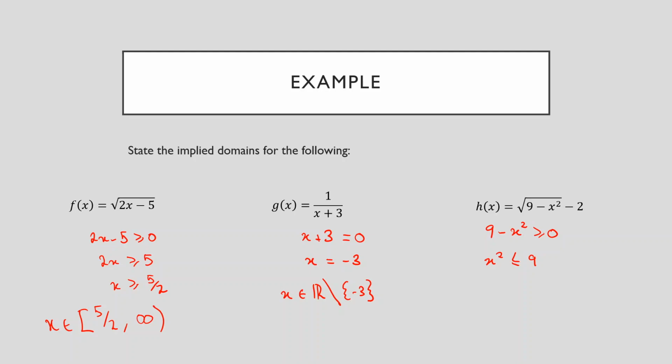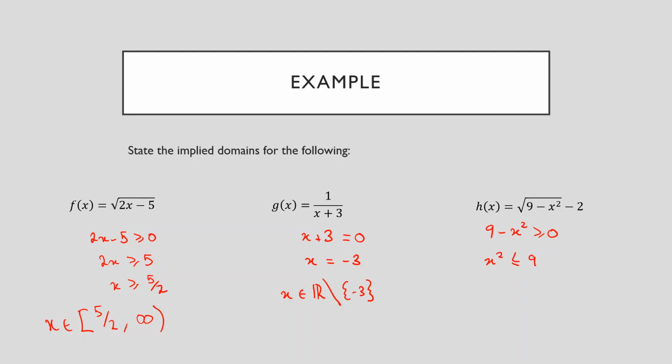Now, if the value of x is anywhere between those two values, 3 and negative 3, then when you square that number, it will definitely be less than 9, wouldn't it? If x is outside that range of numbers, so let's say x is 3.2, if you square that, you get a number larger than 9, which is not allowed.